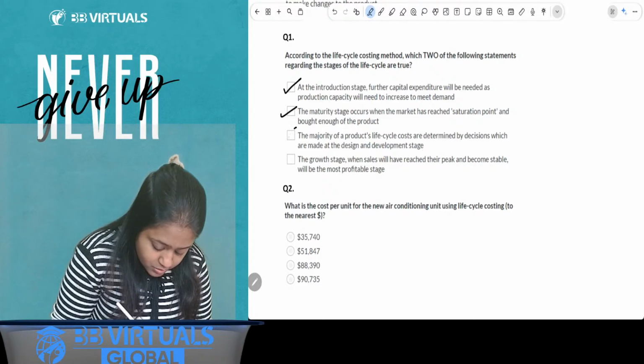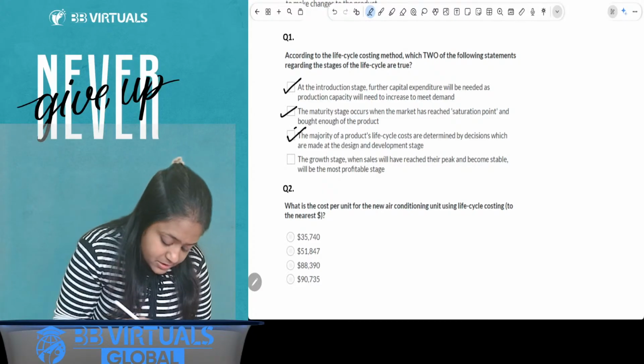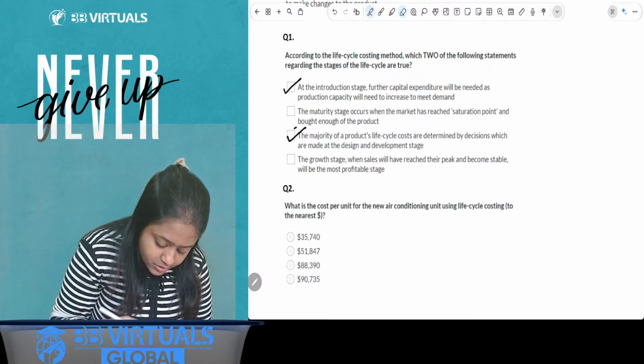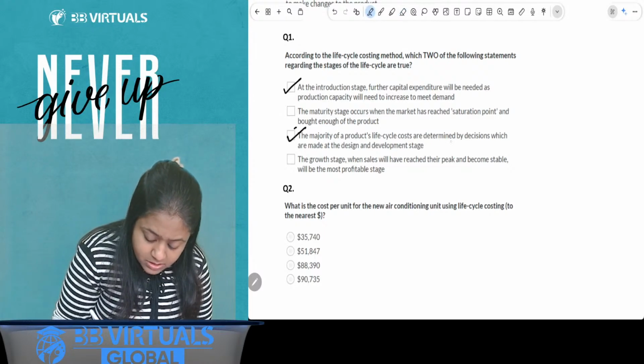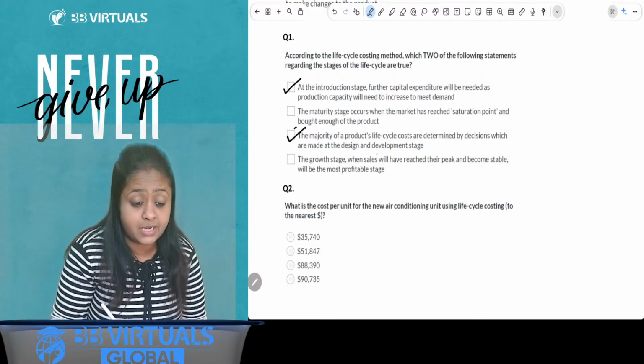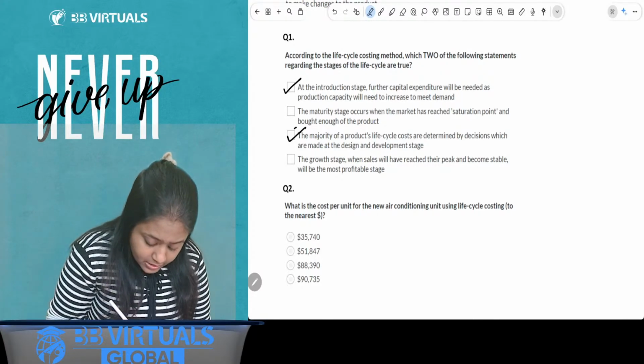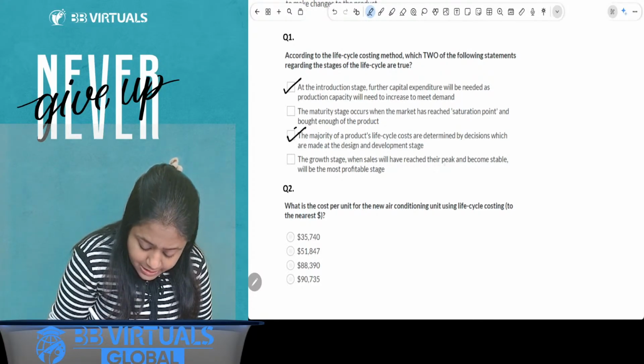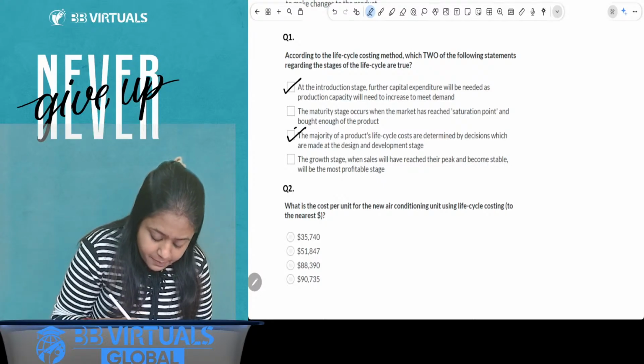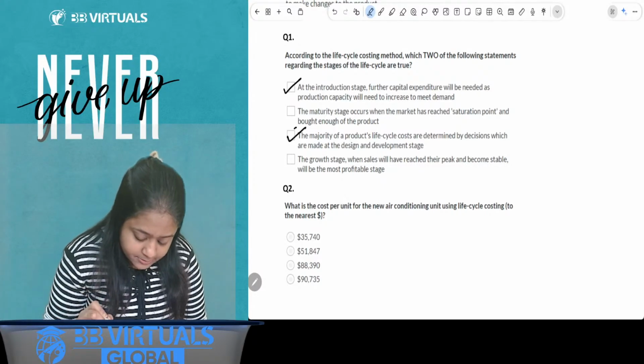Actually, this looks more correct. So let me just come to this point then, because majority of the product's life cycle costs are determined by decisions which are made at design and development. Absolutely. The growth stage, when sales will have reached their peak and become stable, will be the most profitable stage.